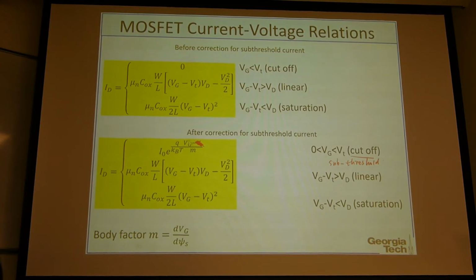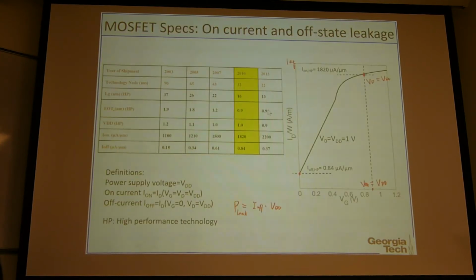And if you consider the subthreshold current, this is very small, almost zero. But if you consider it, then this is the equation. And then we define the on-state current as here. That is the maximum current you can get out from the transistor.